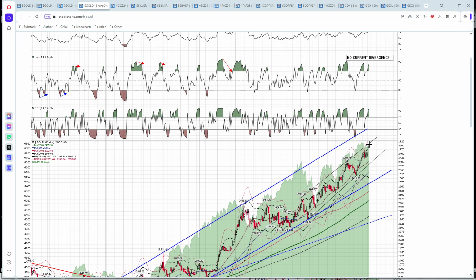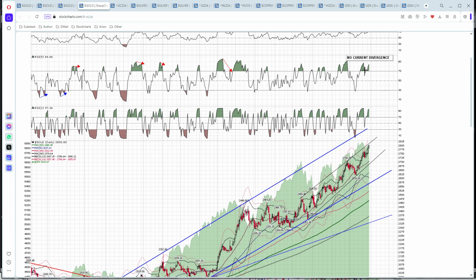And I was showing this possible trend line that could be a target on the bigger picture last time. I was saying also that if we broke over it, currently in about the 2820 area, then that would be the next obvious trend line to get to. So we will see how that goes. But I've got that up in about the 2950 area, so that could be a very sizable move.